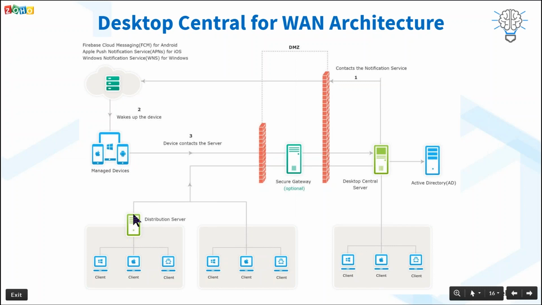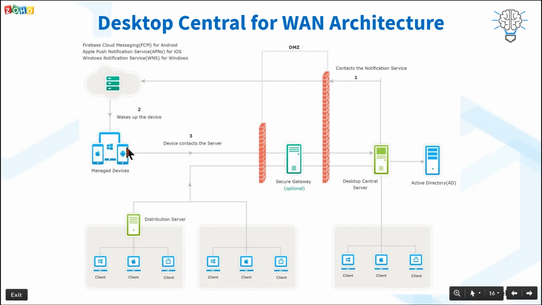When a patch task is created, the machines located in the remote office will not reach the server to download the patches. Only the distribution server will reach the Desktop Central server, download the patches, and distribute them to the machines available in the remote office. So this feature will help you to manage the bandwidth efficiently.